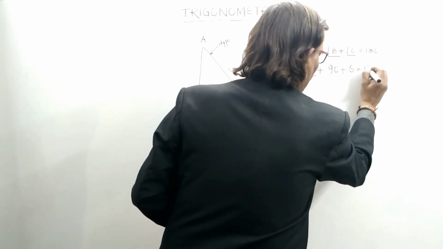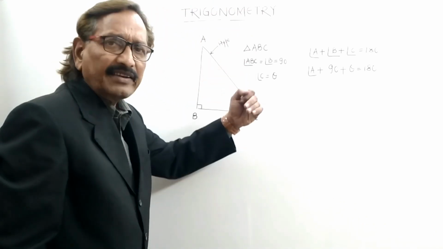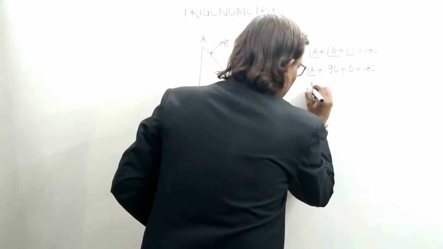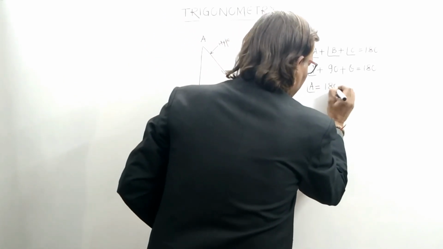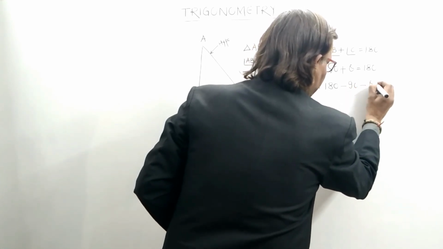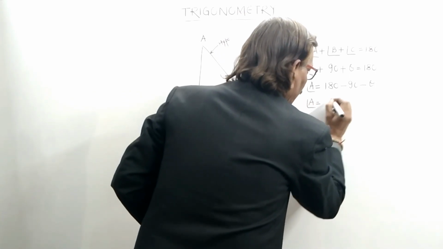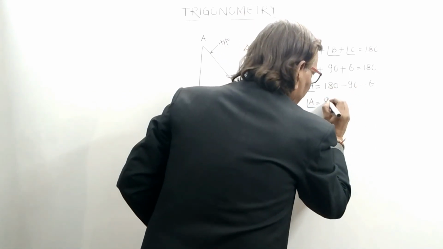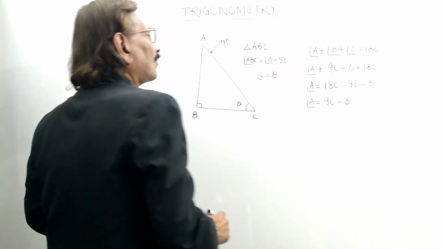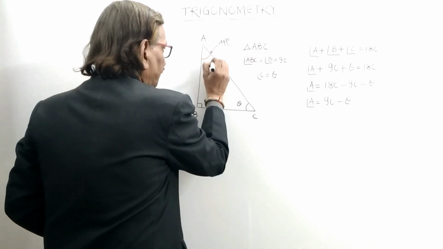When I move 90 and theta on the other side of the equation, I get angle A is equal to 180 minus 90 minus theta. So now angle A is equal to 180 minus 90 is 90 minus theta. So this angle becomes 90 minus theta.